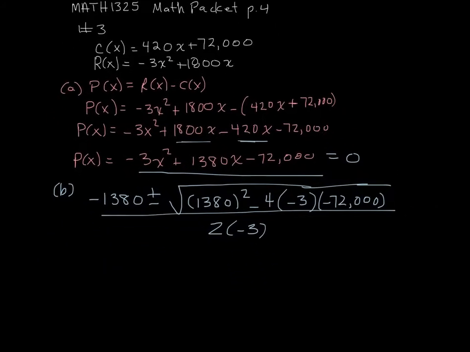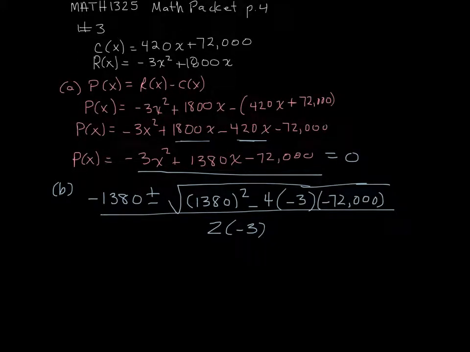And I mentioned in one of the lecture videos where you could find a quadratic formula solver, and so it's actually a lot easier than having to plug all this in, but you should get x equals 60 and x equals 400 for your break-even points.